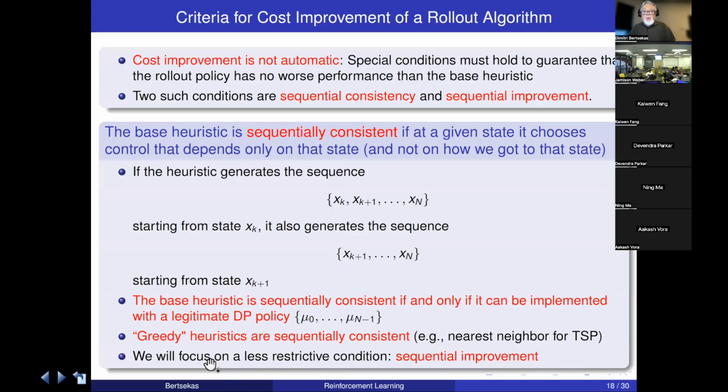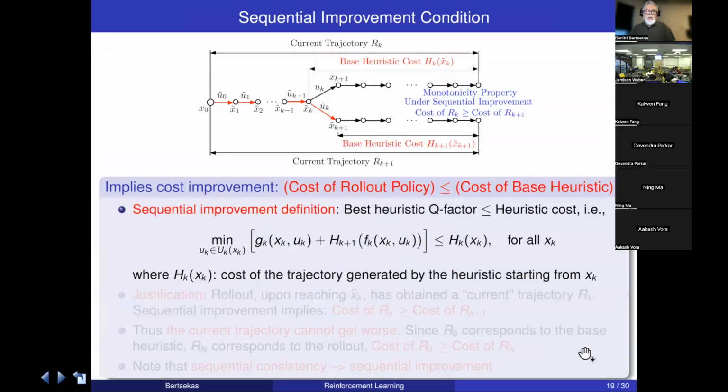However, we're going to focus on a less restricted condition, which is sequential improvement. The purpose of the sequential improvement condition is to imply this cost improvement property, namely that the cost of the rollout policy is less than the cost of the base heuristic.